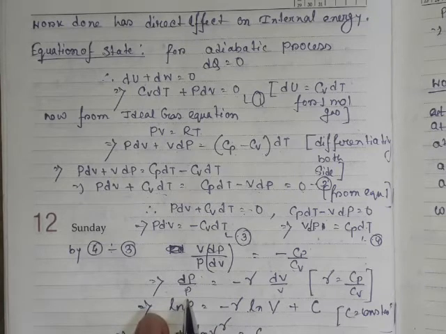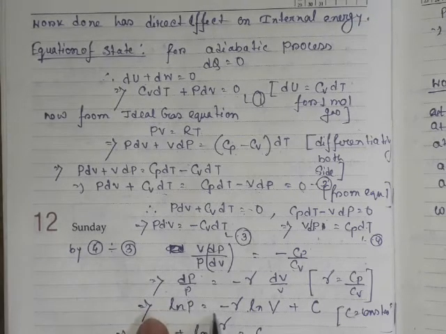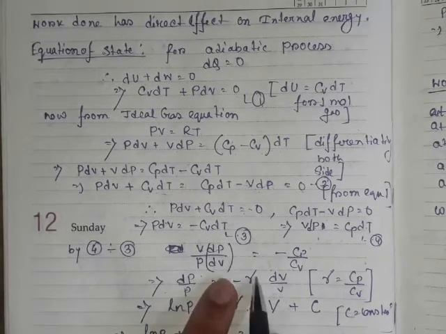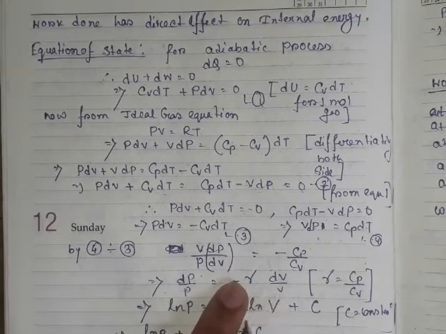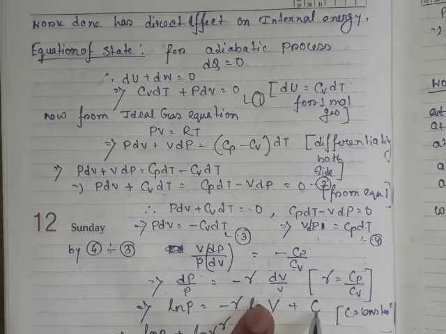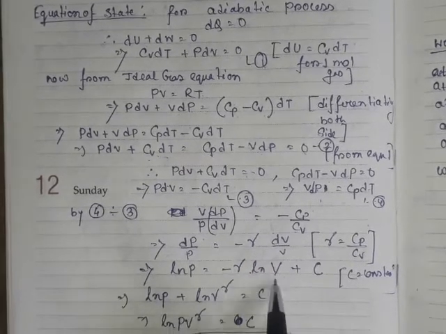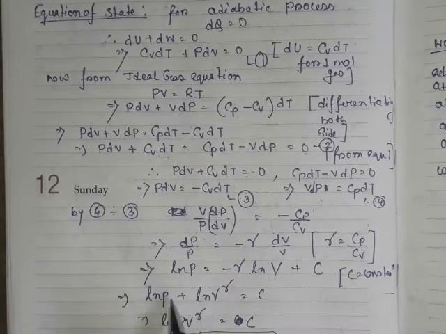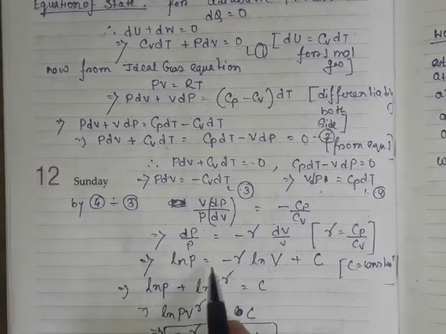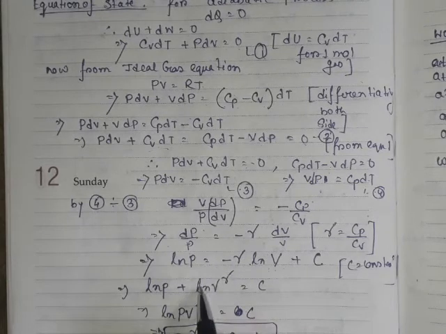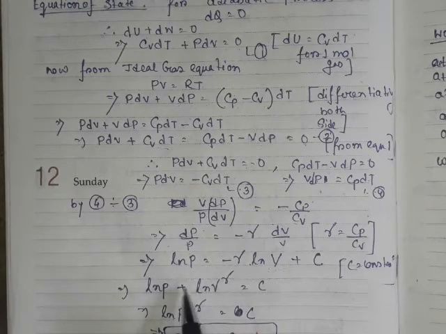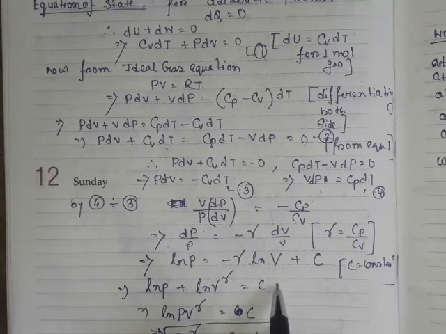The integral of 1 by x dx is ln x, so 1 by P dP will be ln P, minus gamma, which is constant, times dV by V will give ln V, and there will be an integrating constant C. Now take this term to the left and you will get ln P plus gamma ln V, and gamma can be put inside the log, converting it to a power. So ln P plus ln V to the power gamma equals constant.